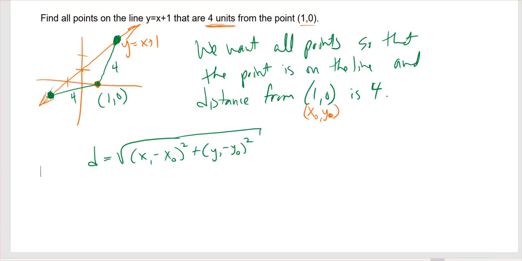So we can use this for x sub 0, y sub 0, so that's fine. And this is going to be our distance, but we don't exactly know what x sub 1, y sub 1 are. But we do know that this must be on the line.